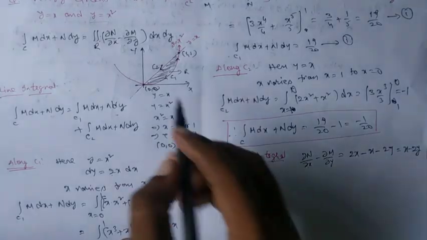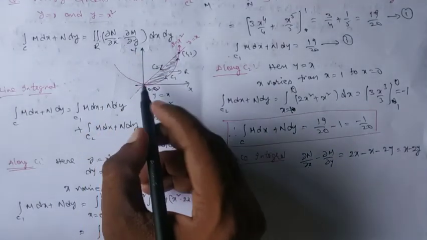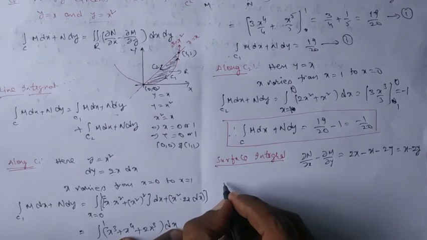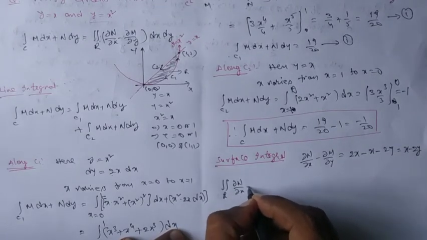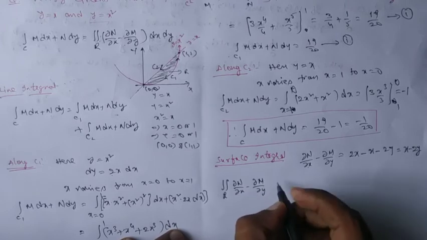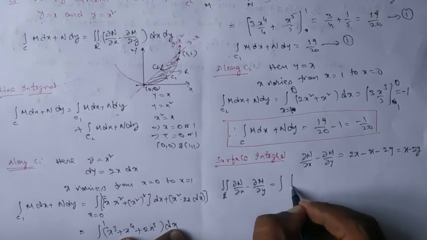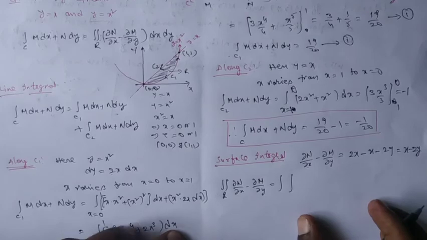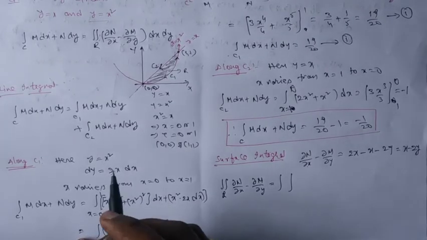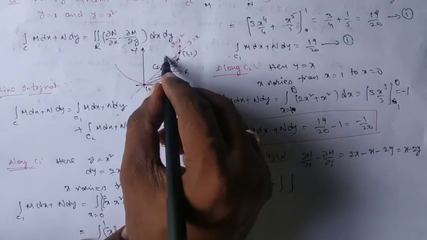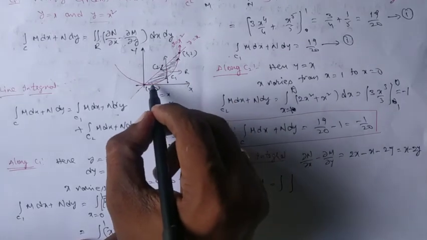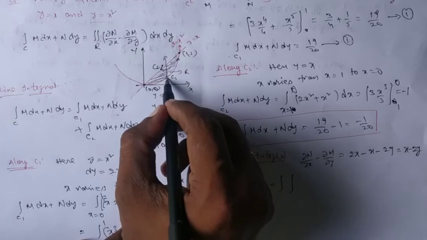Now this is our integrand. We need to calculate the limits for this variable. So double integral over R of dou n by dou x minus dou m by dou y equals, see, you have to write the limits for the x variable as well as the y variable. You can take any manner. I am taking y direction first. If you are taking y direction first, what are the y limits? The region is entered by this curve, leaving by this curve.